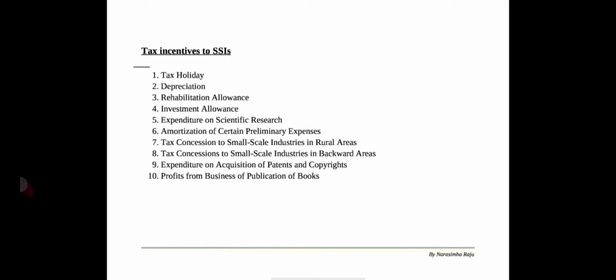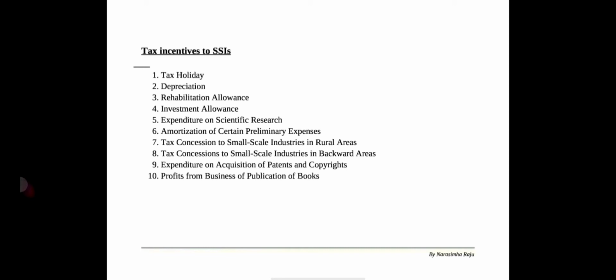The next tax incentive for SSIs is investment allowance. The investment allowance was introduced back in 1976 to replace the initial depreciation allowance. The investment allowance under Section 31A of the Income Tax Act 1961 is allowed at the rate of 25% of the cost of acquisition of new plant or machinery installed.